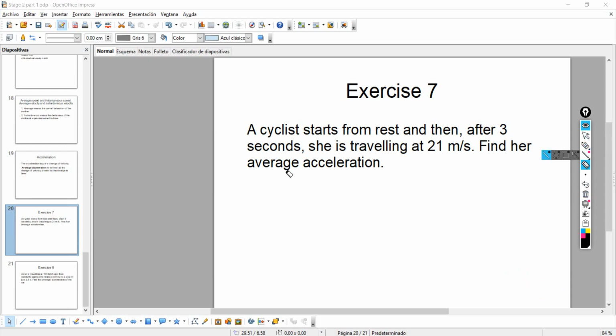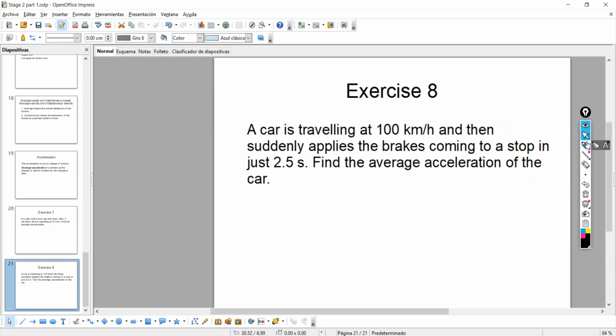Let's do the next one. Exercise 8. It says a car is traveling at 100 kilometers per hour and then suddenly applies the brakes, coming to a stop in just 2.5 seconds. Find the average acceleration of the car. Same idea. What is my definition for average acceleration?